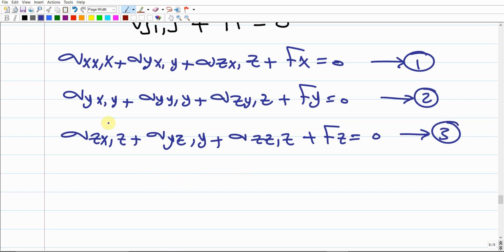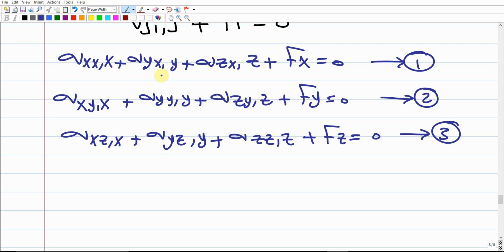I'm sorry, this first term should be the sigma, because j is going to be x, y, z in the derivatives: x comma x, then y comma y, then z comma z.